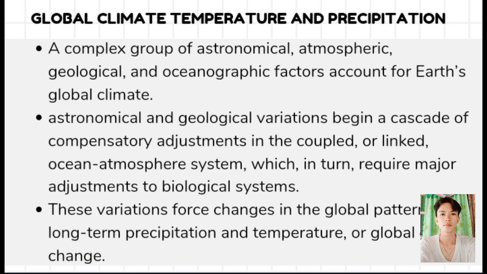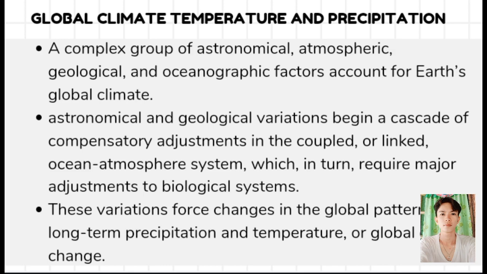So we have here three points on global climate, temperature and precipitation. The first is the complex group of astronomical, atmospheric, geological, and oceanographic factors that account for Earth's global climate.